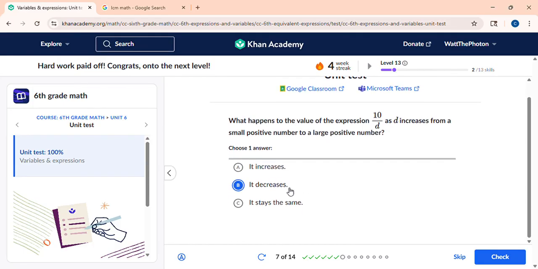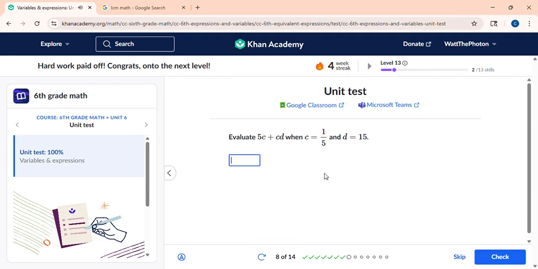It decreases until 0. Right? There you go. Pi c plus cd.